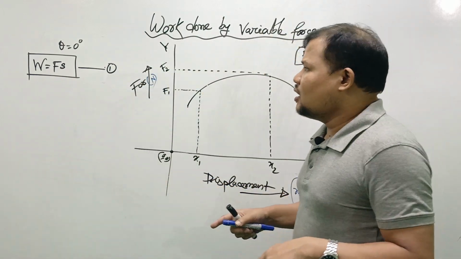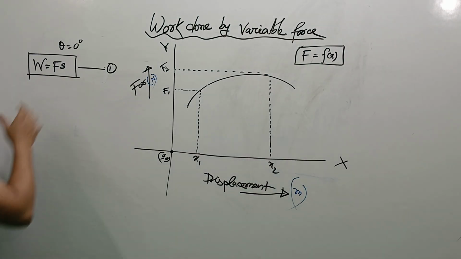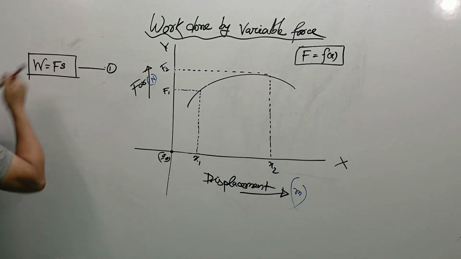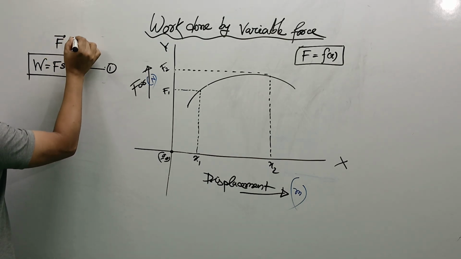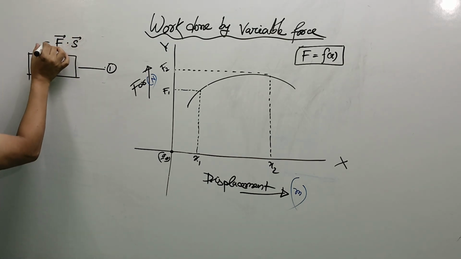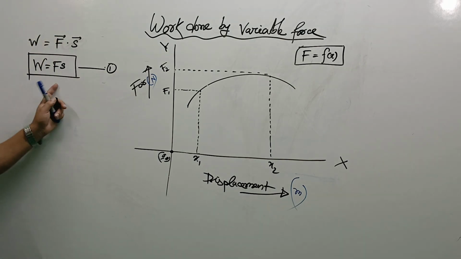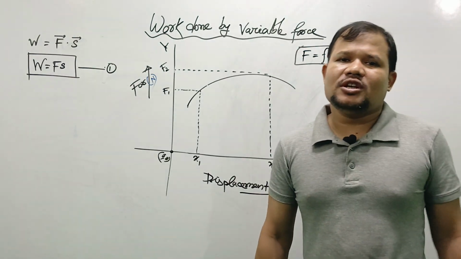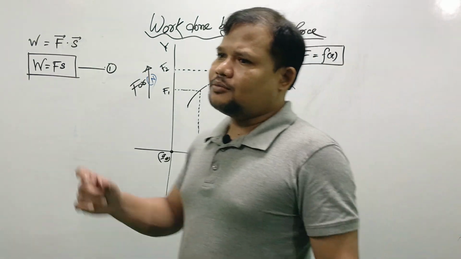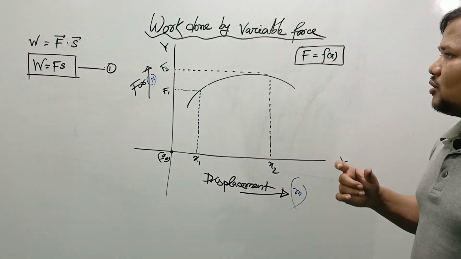My dear student, from where do we know this equation? We know this equation as force is a vector quantity and displacement is also a vector quantity. So if we apply the dot product here, then we get this equation. We know dot product is a very special operation for making a scalar quantity from two vector quantities.